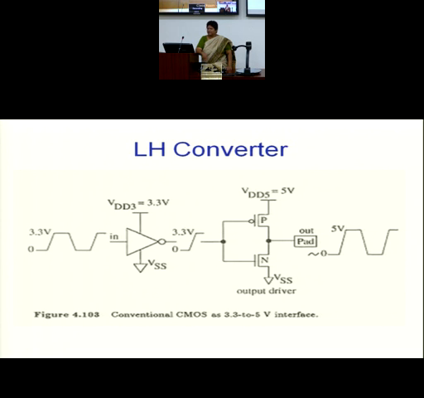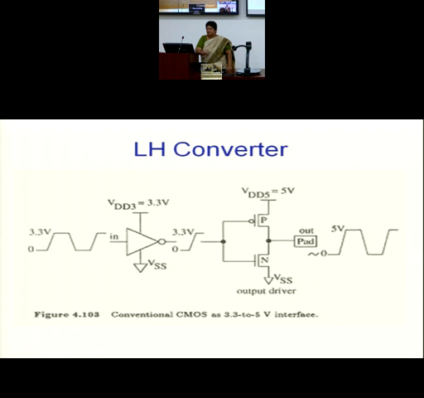It is not possible. Can I use it as an H to L converter? Can this circuitry be used as a high to low converter? Yes, it can be.